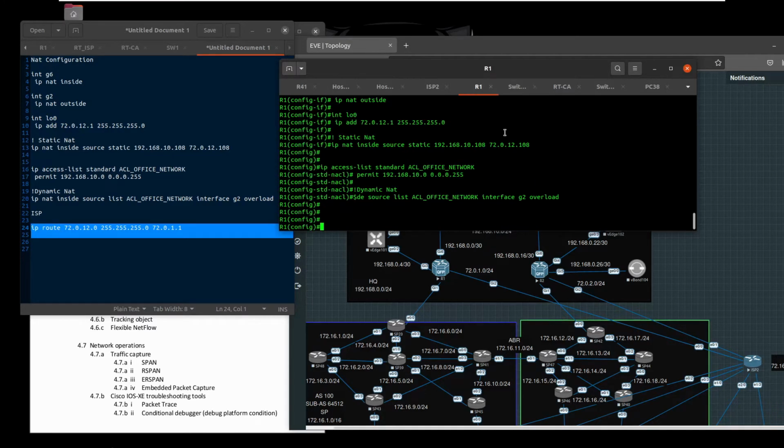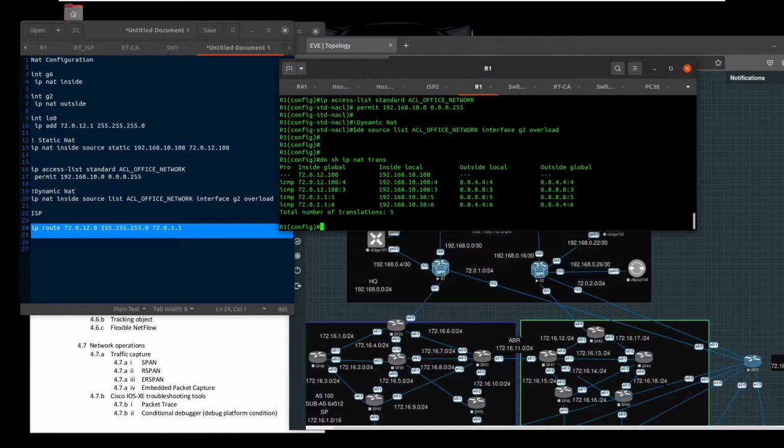Okay, so we can check whether these translations are really happening by running show IP NAT translation, and we can see that my inside local 192.168.10.108 is being translated to 72.0.1.2.108. As for my PC 192.168.10.38, it is being translated to 72.0.1.1, and that's the R1 outbound interface IP.